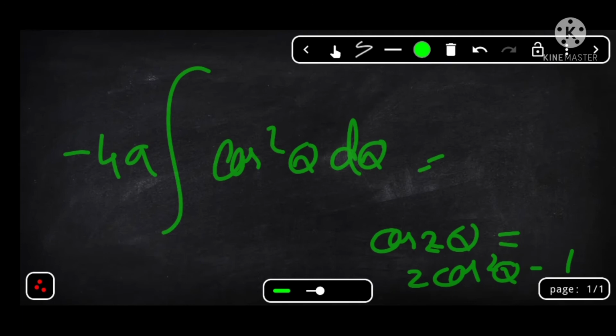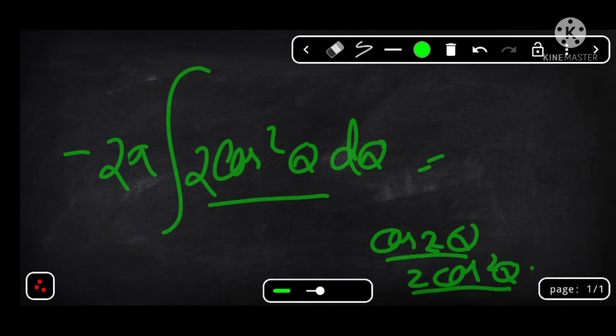So if I take a 2 from here, this is almost similar to this one. Now this minus 1 I am taking along with cos 2 theta.